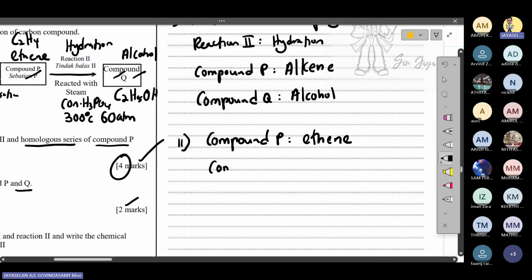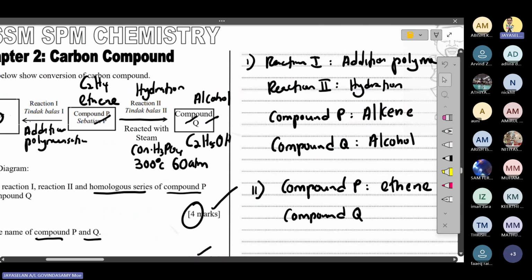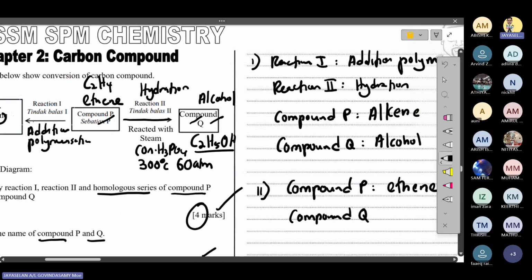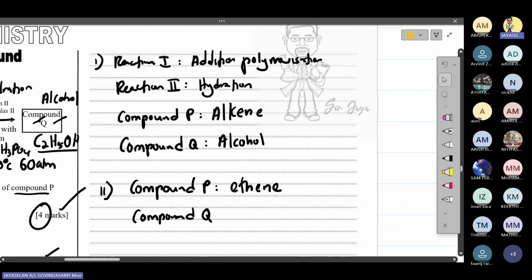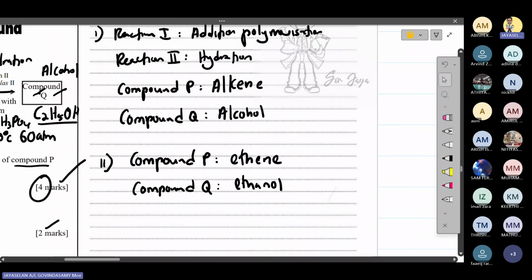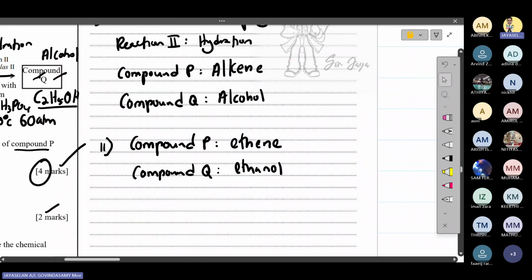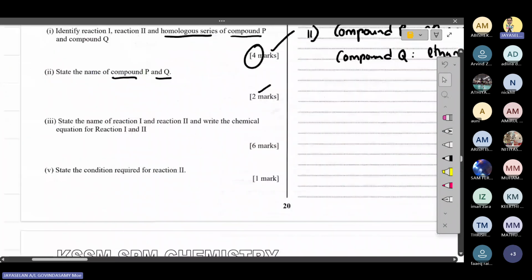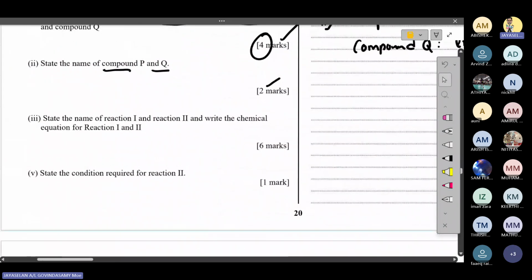Then compound Q. Ethene will undergo hydration and form ethanol. So I put ethanol. I already score my 6 marks. Any question?